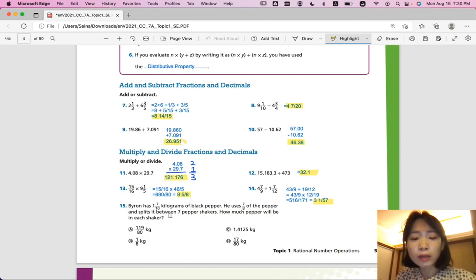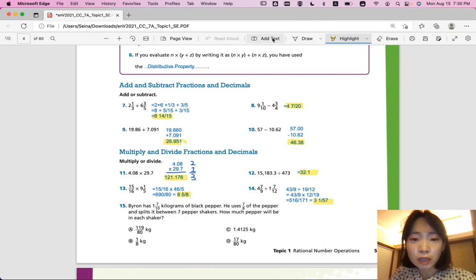So out of 1 and 7/10 of a kilogram of black pepper, you're going to subtract how much he used. Wait, no. You're going to get how much he uses. So you're going to get 7/8 of 1 and 7/10, and he's going to split that between 7 pepper shakers. So you're going to divide that amount by 7.